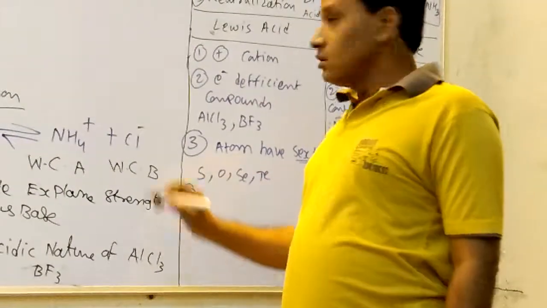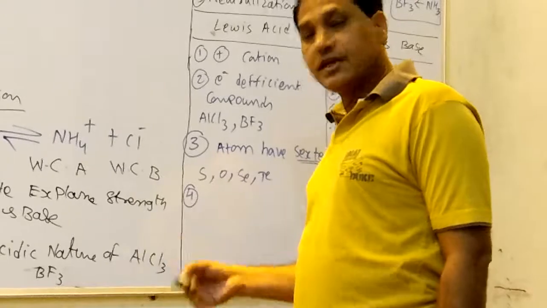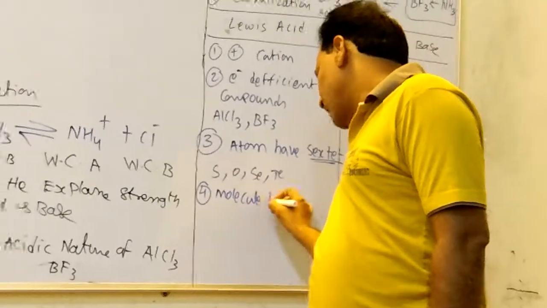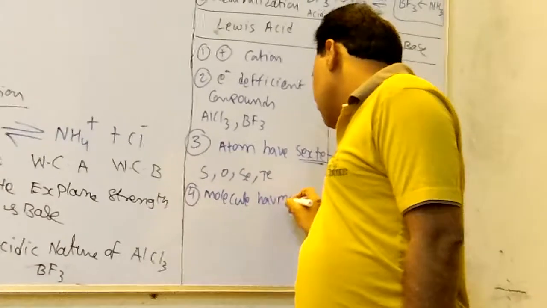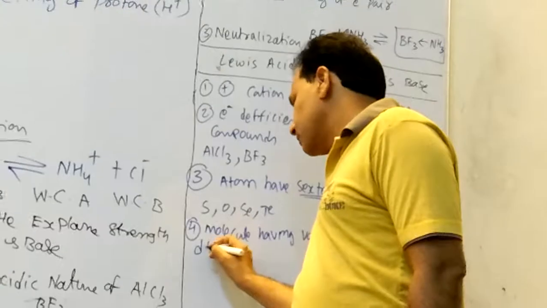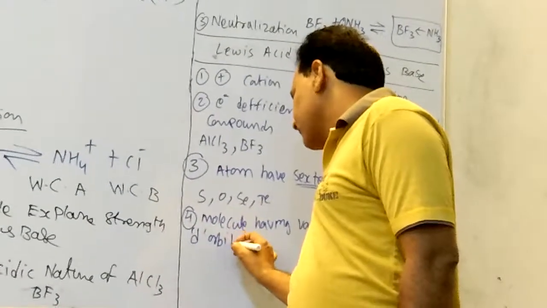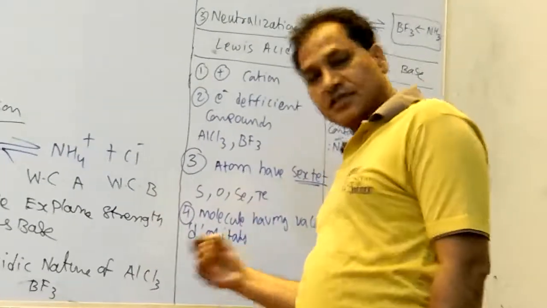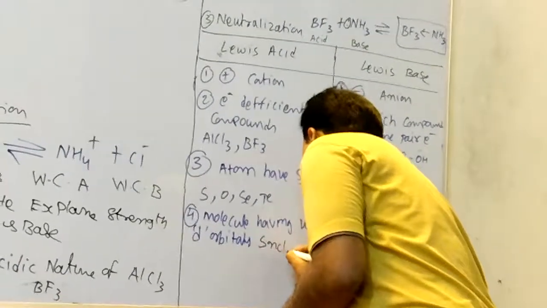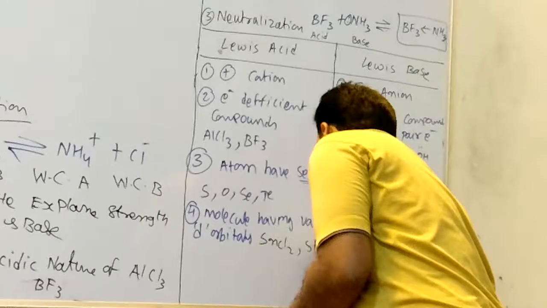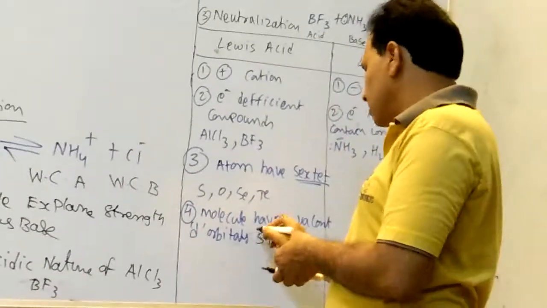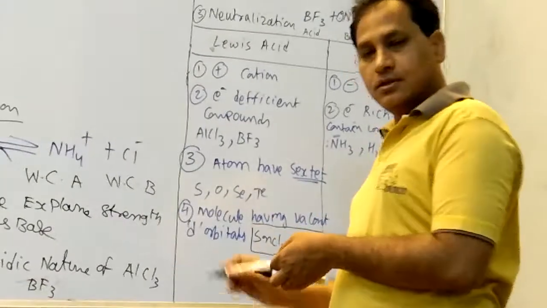And molecules having vacant d orbitals on the central atom, like SnCl2, SF4, and so many others. They have vacant d orbitals on the central atom.